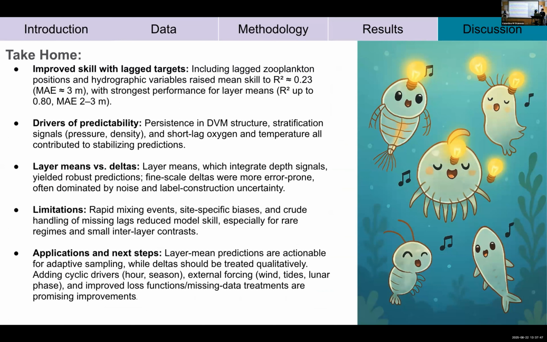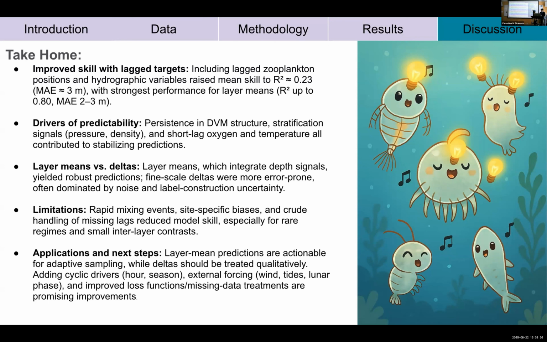We find we can improve the model skill with selected targets, because before we didn't do this, but we find that if we select the targets, we get better predictions. We also find some of the drivers have higher predictability than others, and the layer means versus deltas are different, because layer means, which integrate depth signals, yielded robust predictions, but fine scale deltas were way more error prone.